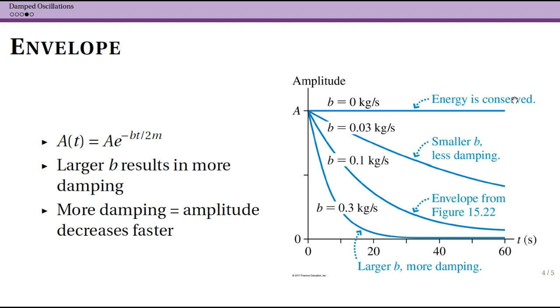What we're going to talk about next is that this means energy is conserved. That's our normal situation. As we increase b, you have more and more damping, and your amplitude decreases faster. So larger b means amplitude decreases faster, but the shape that it decreases with is always going to be exponential.